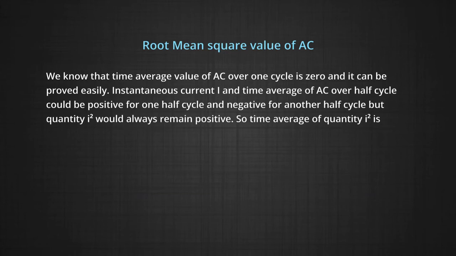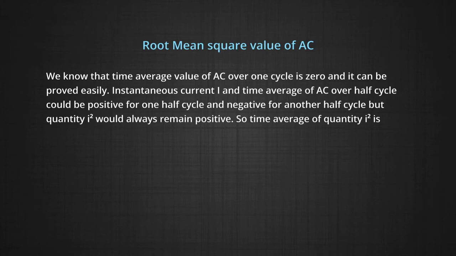Now, as we have seen in the graphics, we can explain what root mean square value is for AC. We know that the time average value of AC over one cycle is 0 and it can be proved easily.